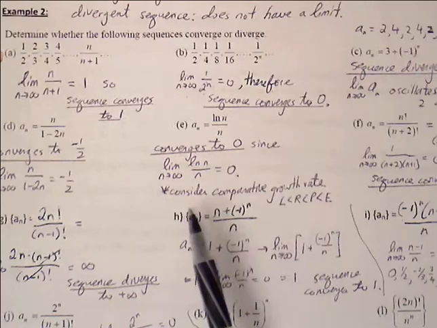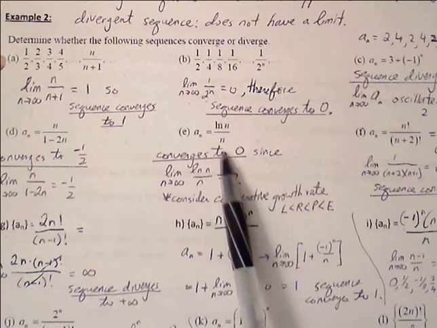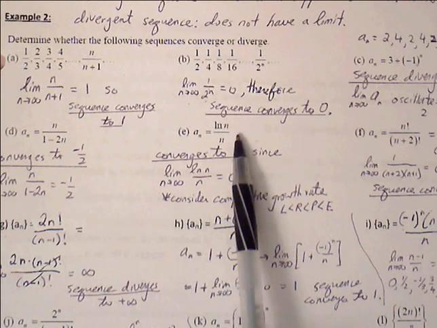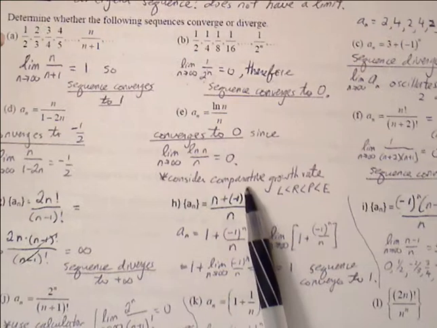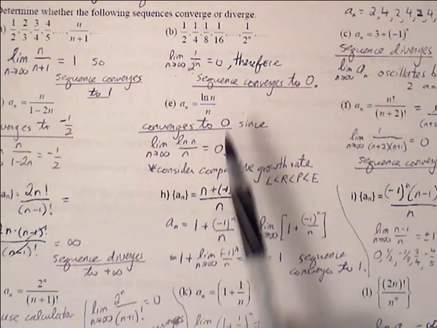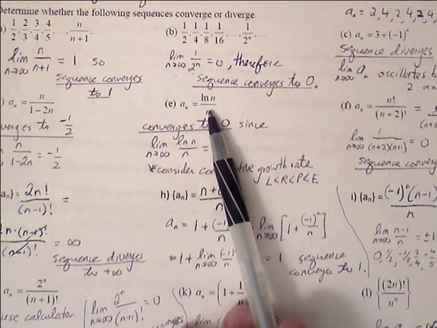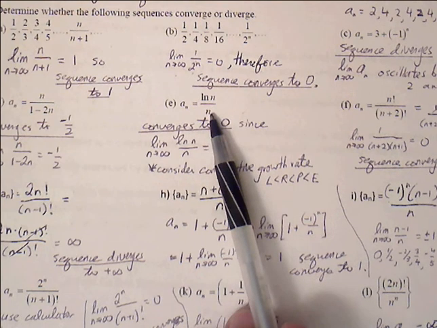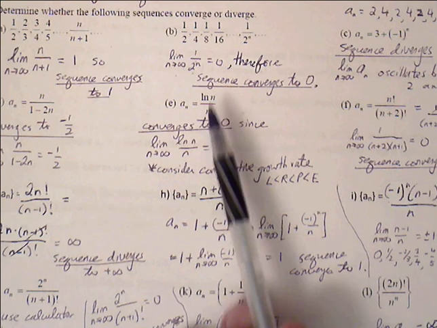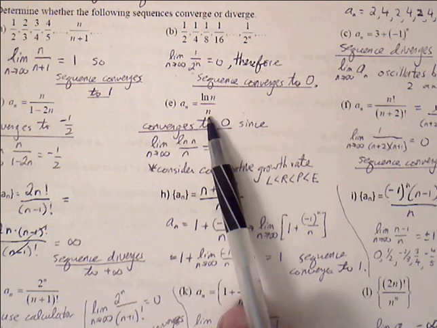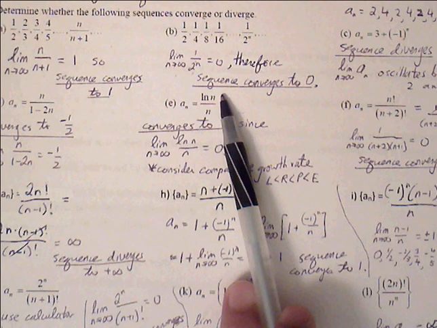For this next one here, natural log of n over n, this will converge to 0 because of what we know with comparative growth rates. We see that we have a natural log function up in the numerator. We have a polynomial with degree 1 in the denominator. So we see that the n is going to grow at a faster rate than the natural log.